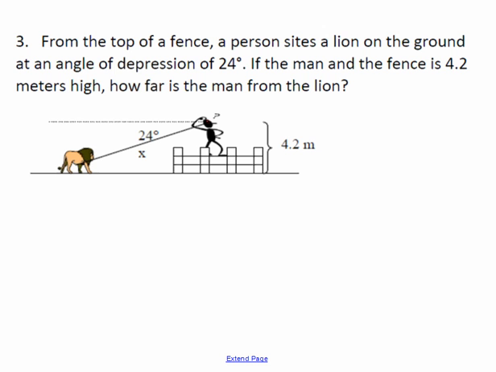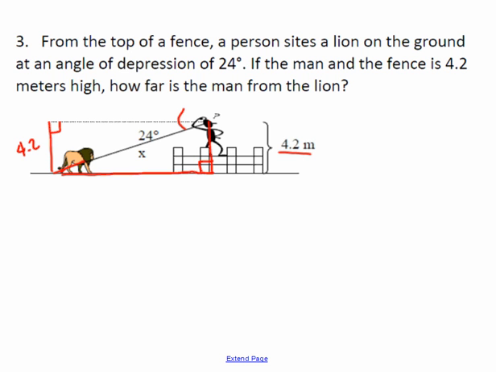Oh, so we've got to think about what we have right here. So here's my right triangle. There's the right angle. So we know that this is 4.2 meters. I know that this angle right here is 24 degrees. I also know that I could draw this thing like this and make it into a rectangle. So that means this over here is 4.2 as well.